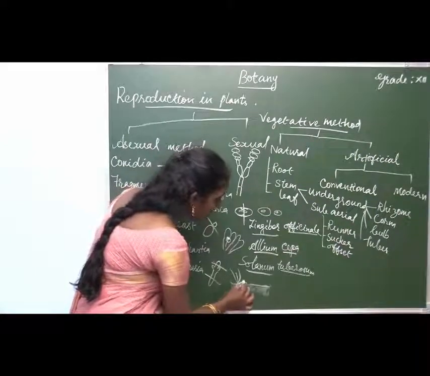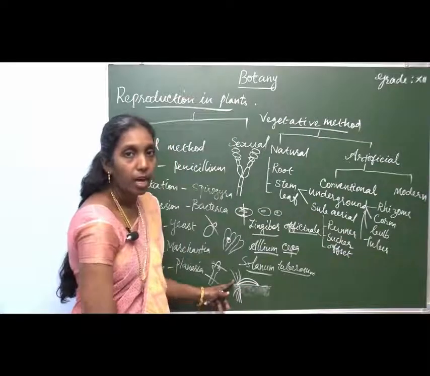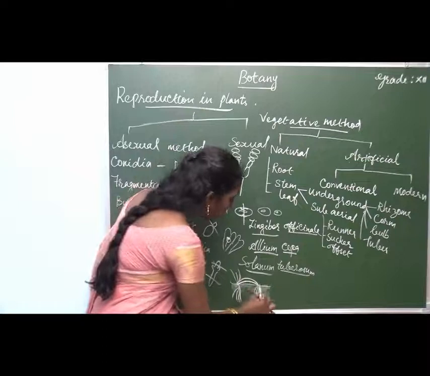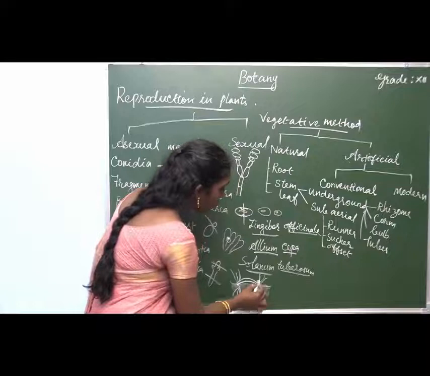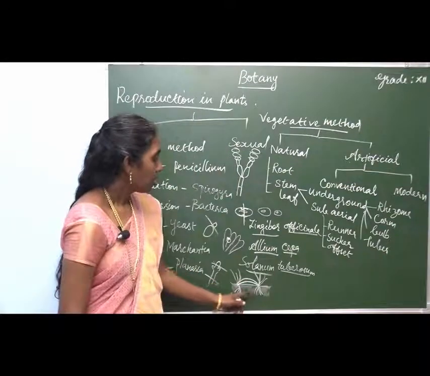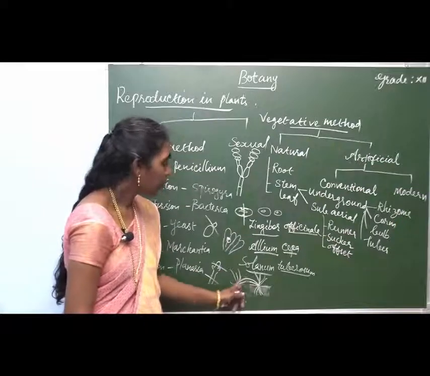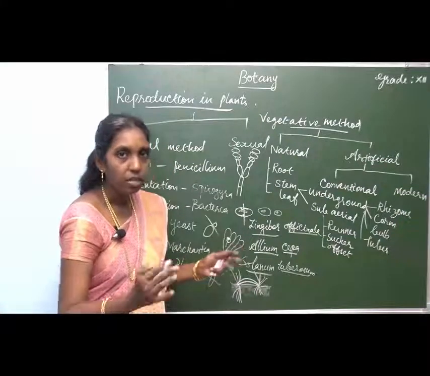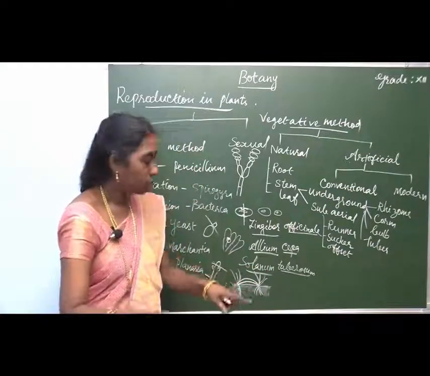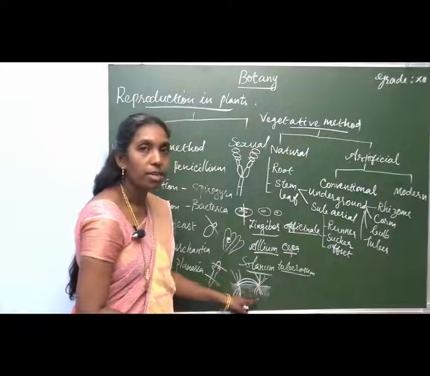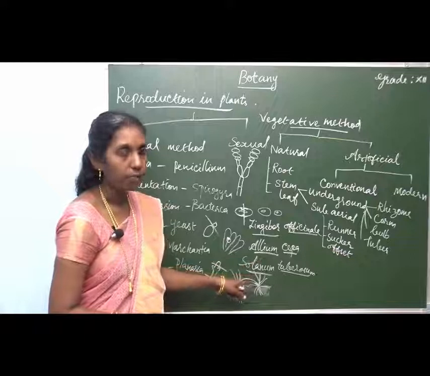A slender branch arises from this, and here it is able to develop roots. From these roots, some new plants develop. So, this is runner. Runner is a slender prostrate branch which creeps on the ground, and when it touches the soil, it develops roots. From the root, the new plant arises.